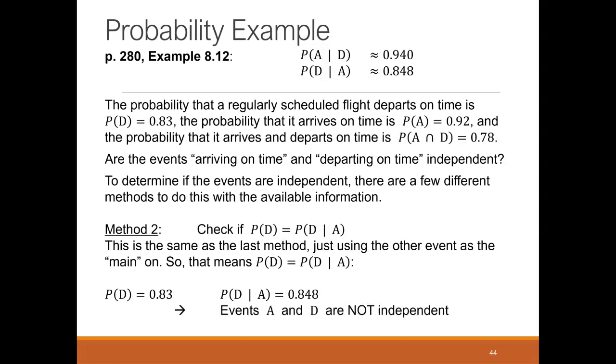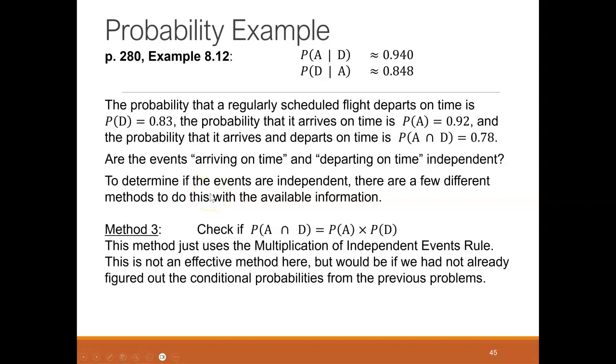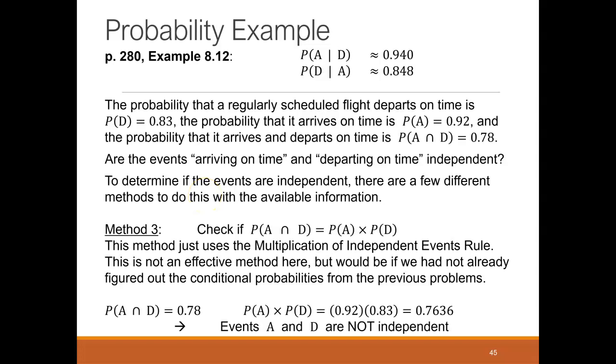Say they're not independent. The third way is we can look at, is the probability of A and D equal to the probability of A times the probability of D? And we have all of those numbers in our problem. And we notice that, nope, they do not match. Again, concluding that they're not independent.